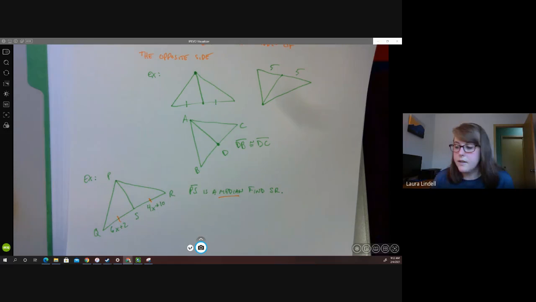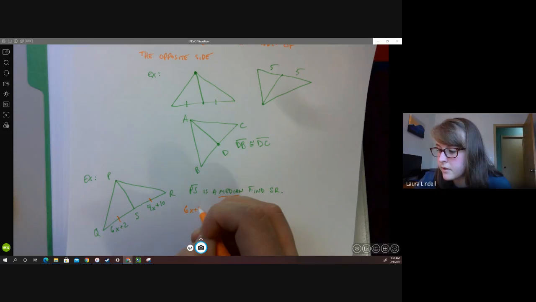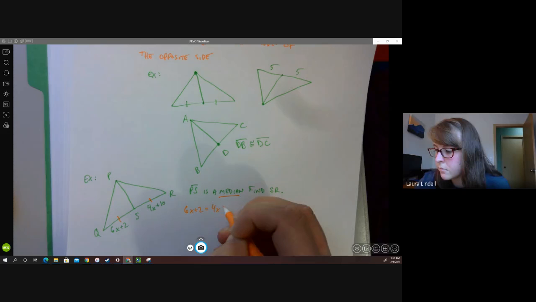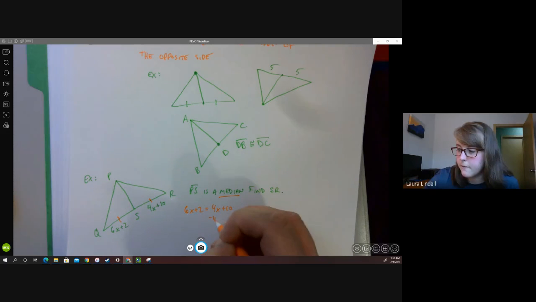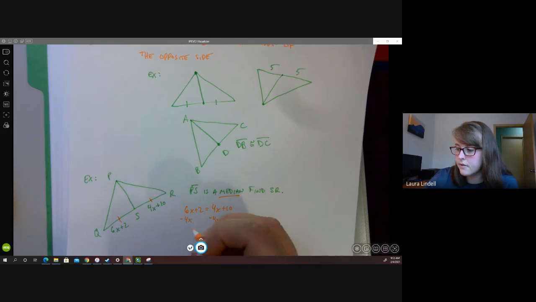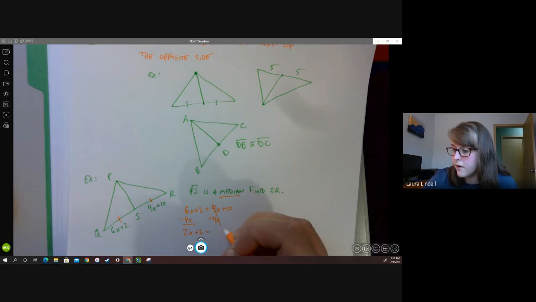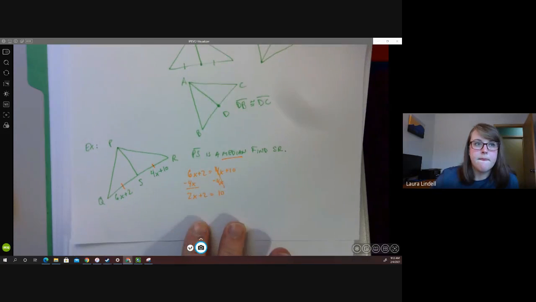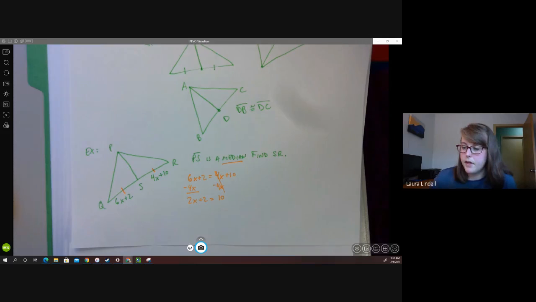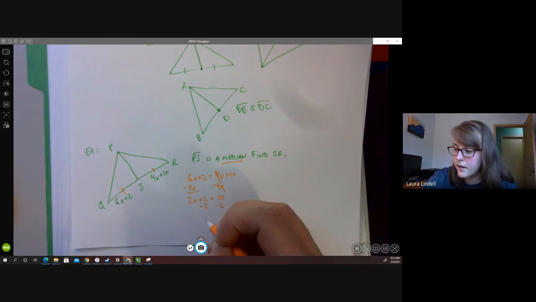So then we can just set 6x plus 2 equal to 4x plus 10. And then we can start by subtracting 4x from both sides. So we get 2x plus 2 over there, and just 10 left over on the right. And then we would subtract 2 from both sides to get 2x equals 8.